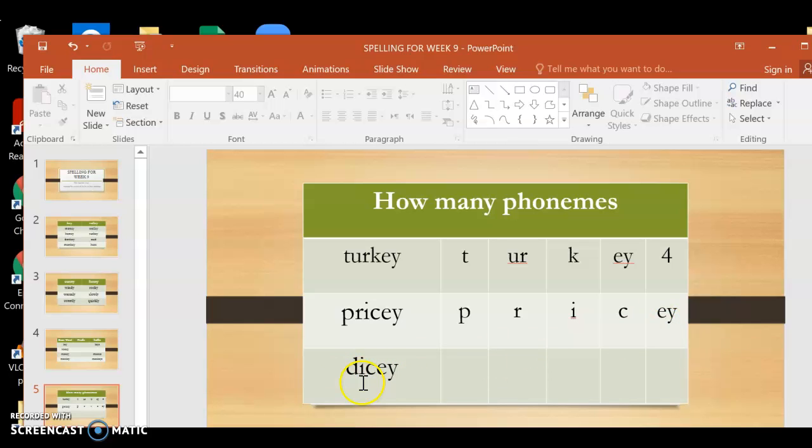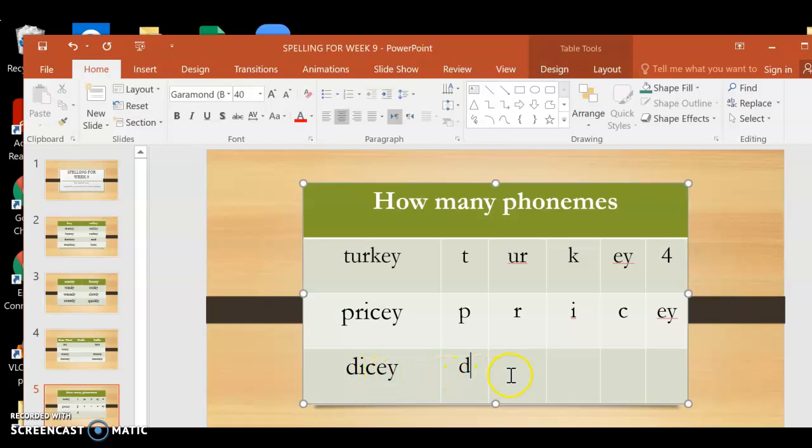Dicey. And this is not a word people use very often. Dicey, it means not really sure about this one. It's a bit dicey. So we break that word down. D, I, s. Oh, did I do that? S. Dicey.